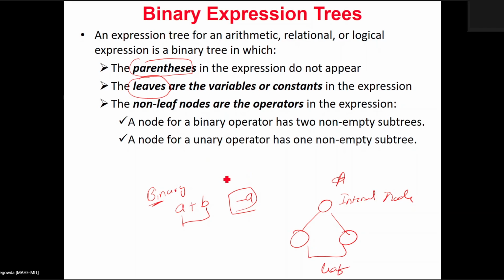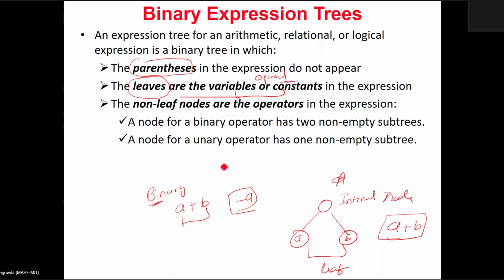All the leaf nodes are variables or constants. Say I wanted to perform the operation a plus b. If you want to express this expression in a binary expression tree, these leaf nodes will represent the operands. So a and b are the operands. Variables or constants can also be called operands in this case.